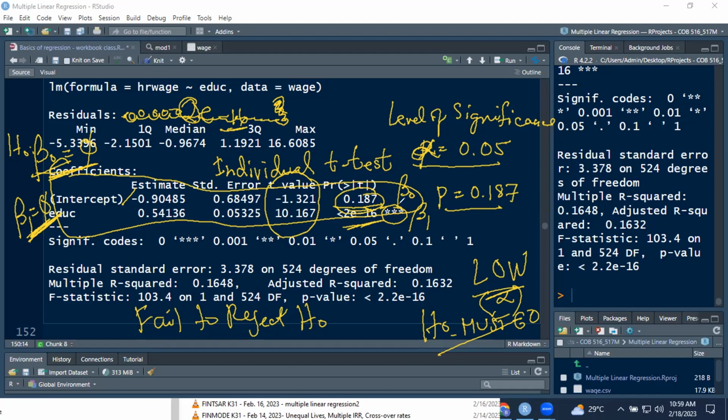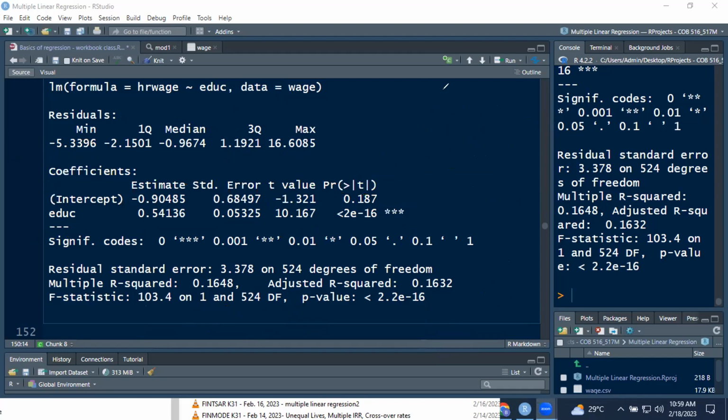Okay, and then take a look at this. Ito walang asterisk, ito may asterisk. Ano ibig sabihin itong asterisk na to? Dito natin makikita yan. Titingnan natin yung nasa kanan nito. 3 asterisk means that what?